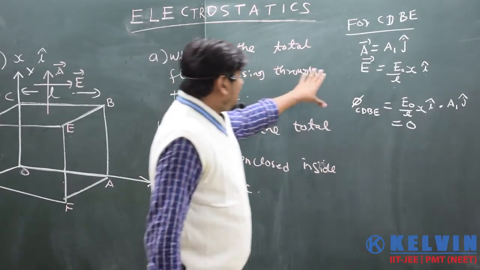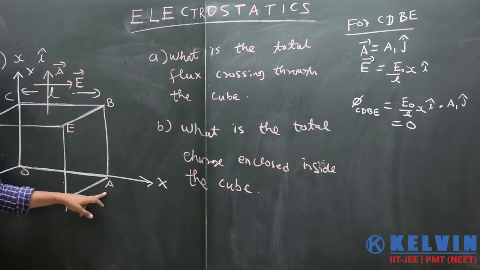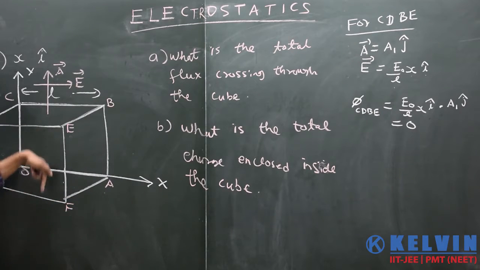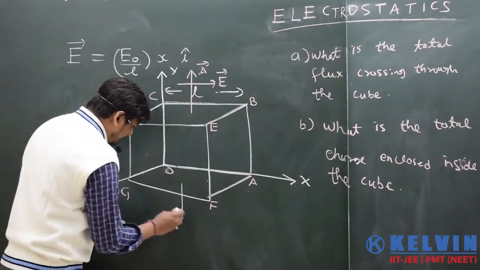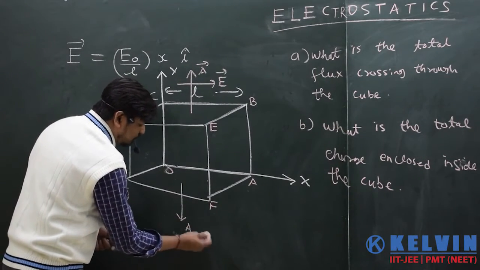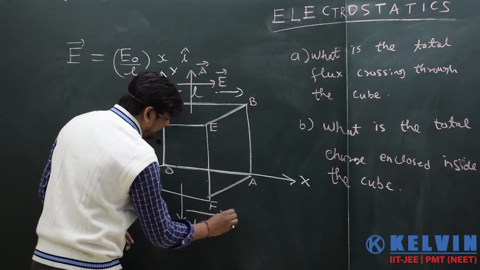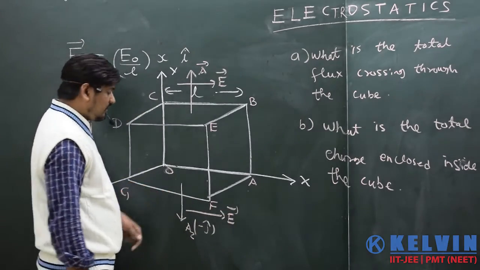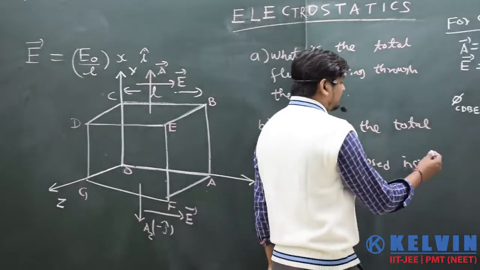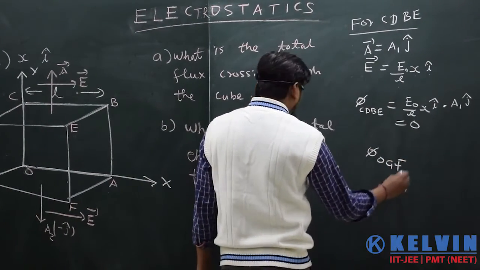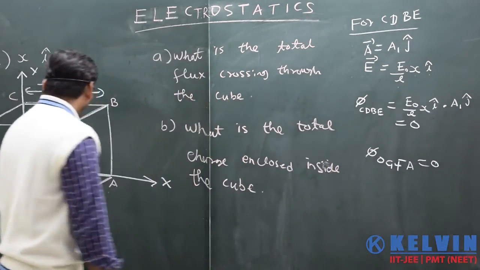This situation is also valid for the lower surface OGFA, because for this surface the area vector is downwards and the electric field is along the x-axis. Say the area vector is A2, then it will be minus j cap, and the electric field is like this, so the angle is 90 degrees. So the flux associated with OGFA is also 0.